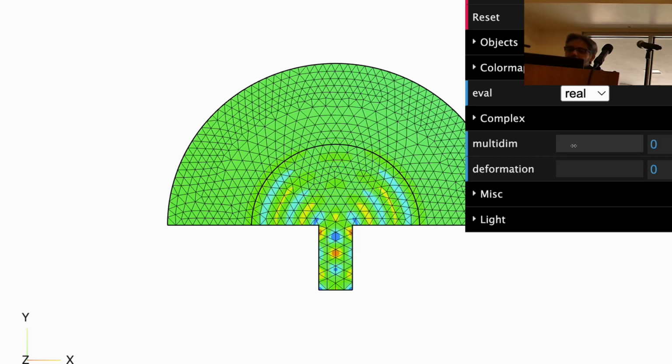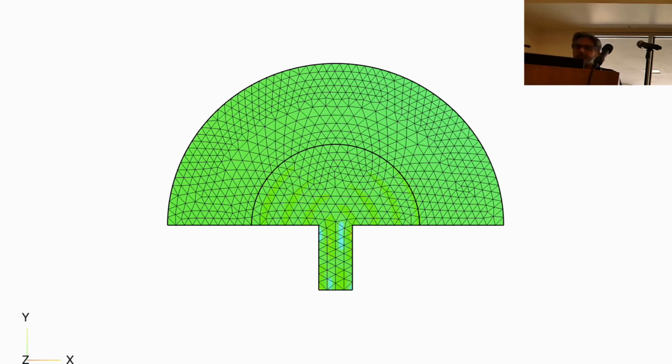So this is a multi-dimensional grid function. This is one of the modes that was computed by the Arnoldi solver, and if you want to get the other one, you increase this multi-dimensional component. These are all the different modes that were computed by that Arnoldi solver. And corresponding to each of these modes, there is an eigenvalue or a Ritz value.